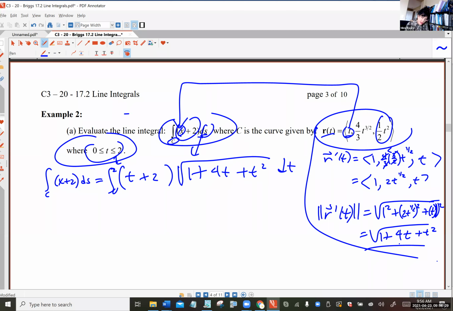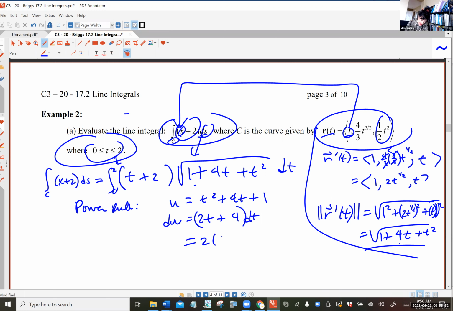And you're going to use the power rule with u sub. And as usual, I like you to tell me the u and the du. So if you let u be everything under the radical, let me rewrite it in descending powers of the variable just to make it nice: t squared plus 4t plus 1. What's the derivative of that? Well, that doesn't look good.